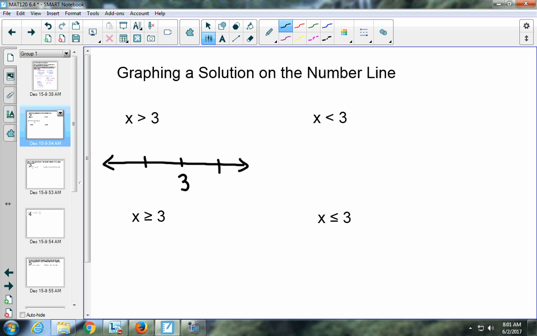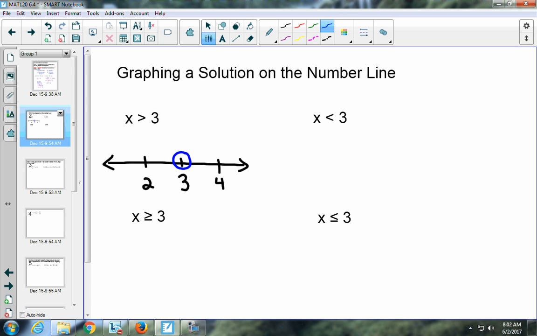Then I usually surround that number, whatever we're comparing the variable to, with a number that's 1 smaller and 1 bigger on the number line. Now on our number line, we always put some sort of circle on top of the number that's being compared. If we're saying that x is greater than 3, x cannot equal 3, because then 3 is not greater than 3. So what we do to represent that is put an open circle on top of 3.